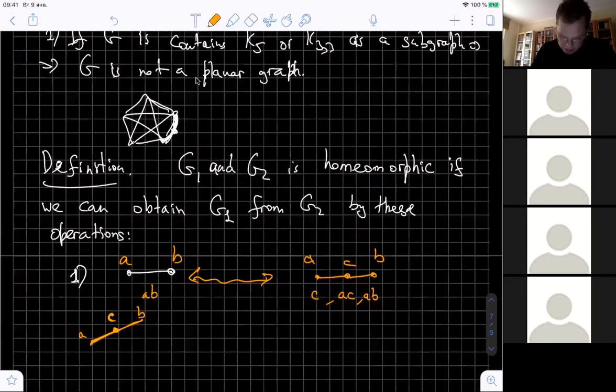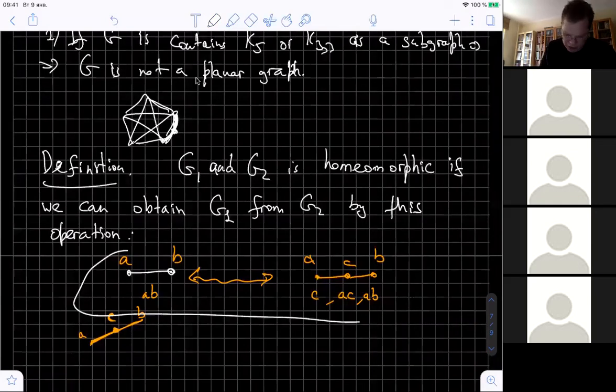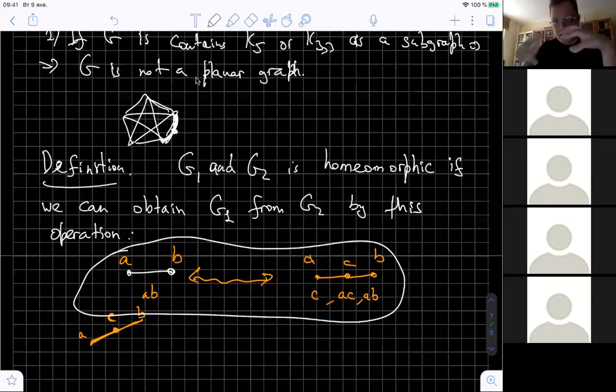So if I use the subdivision, I can change a graph a little bit. I can forget the new vertices. Maybe I can lose some vertices, maybe I can add some vertices.